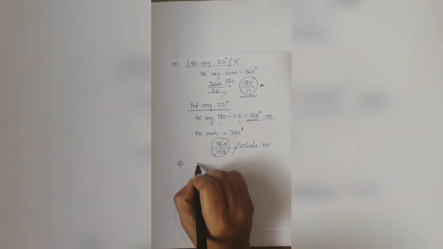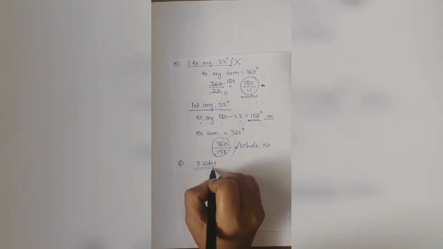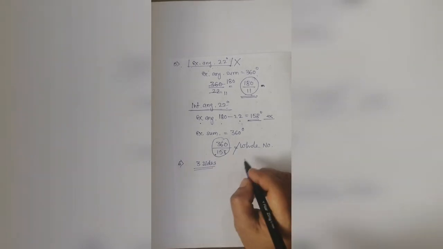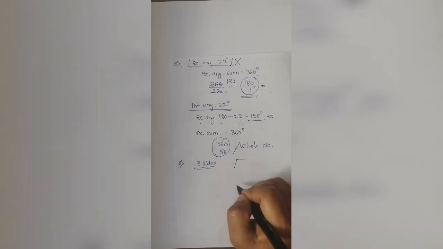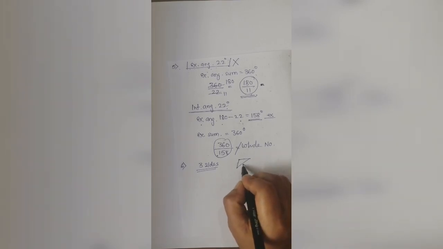If it is a polygon, the minimum number of sides is 3. A 3-sided figure is called a polygon. If only 2 sides are given, it is not a polygon. To form a polygon, it must have at least 3 sides. So the question is, what is the minimum interior angle possible for a regular polygon?